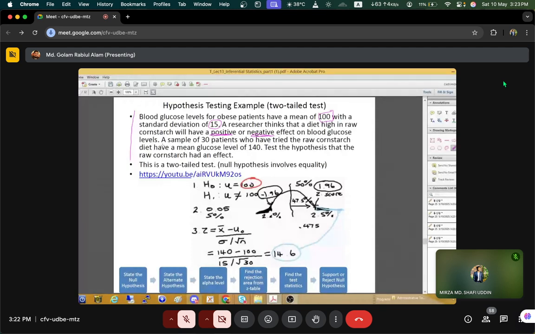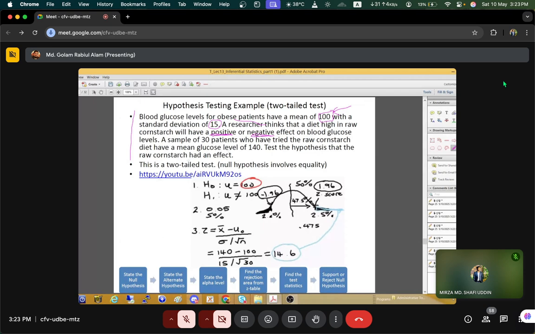So the blood glucose level for obese patients has a mean of 100. If they take a meal with high raw cornstarch, then the glucose level may increase, maybe to 110, or decrease, maybe to 80 or 90.